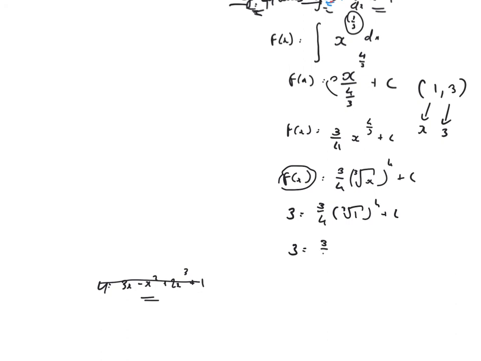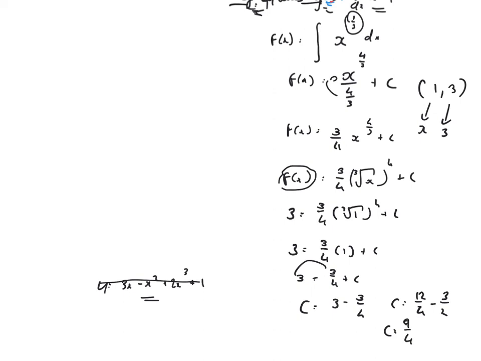That's 3 equals 3/4 of 1 plus c, so 3 equals 3/4 plus c. So c is equal to 3 minus 3/4, that's 12/4 minus 3/4, and that's 9/4.